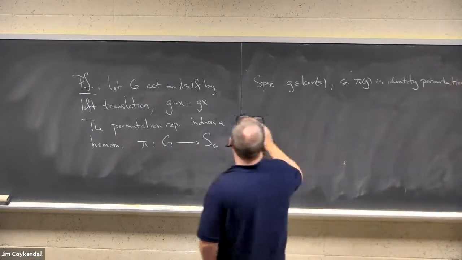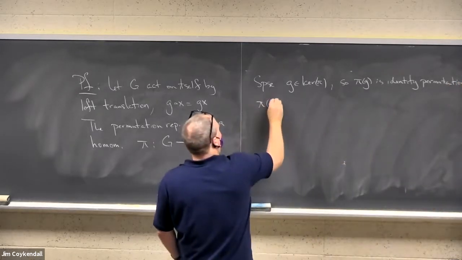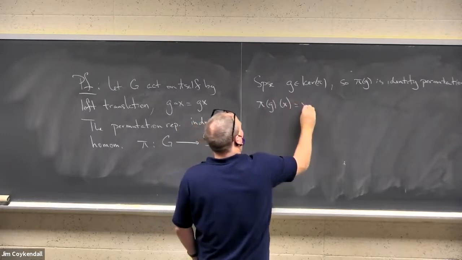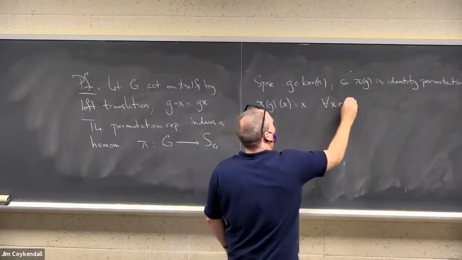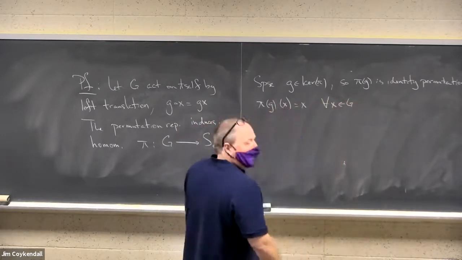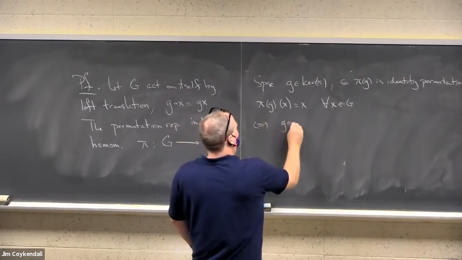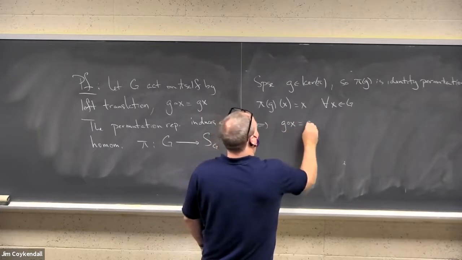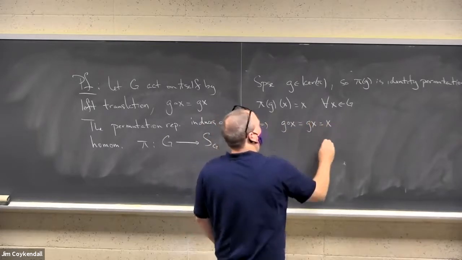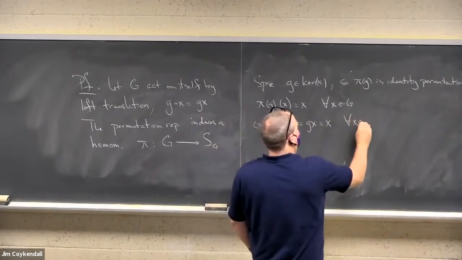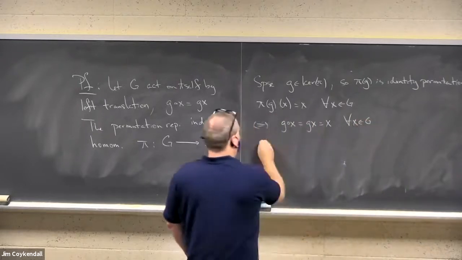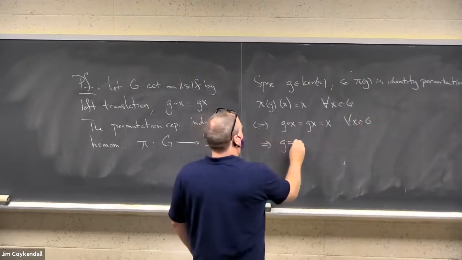That is to say, pi of g is the identity, which is equivalent to saying that g acting on x is x for all x, which implies that g is the identity.